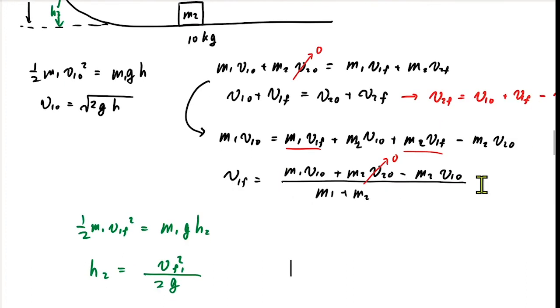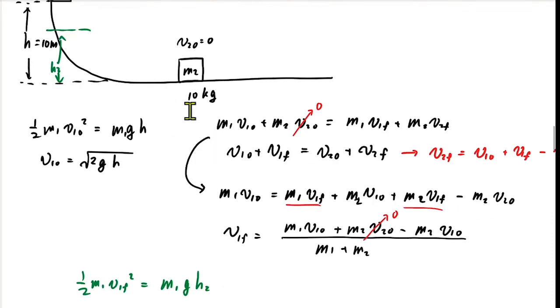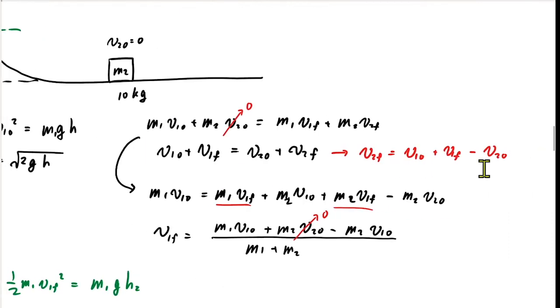Then that problem is over, and you get a numerical answer. Then you use conservation of energy again to compute the height. Of course, if you want to know how fast the other block is moving, you plug it back into our expression right here. Once again, this V2 final is 0, so that's something to keep in mind.